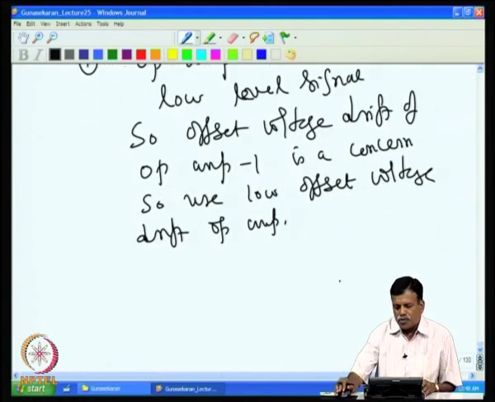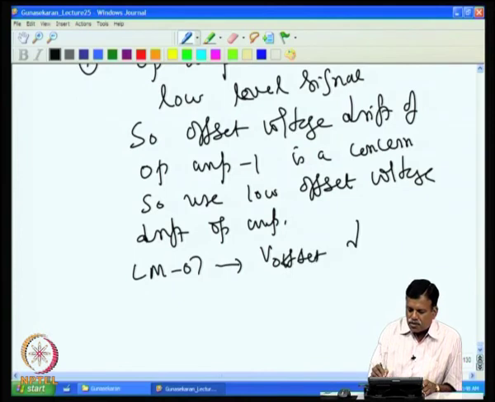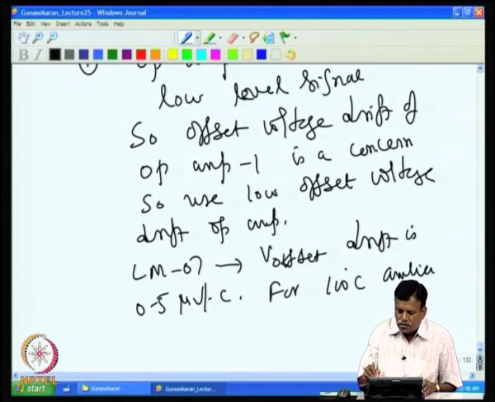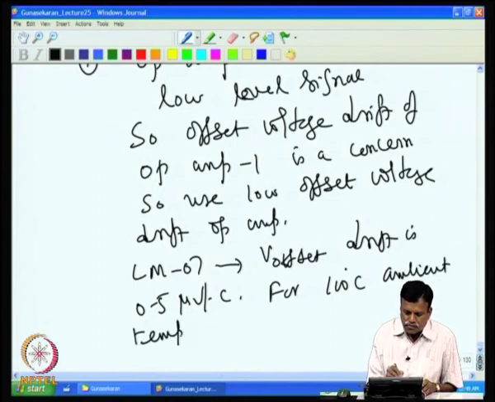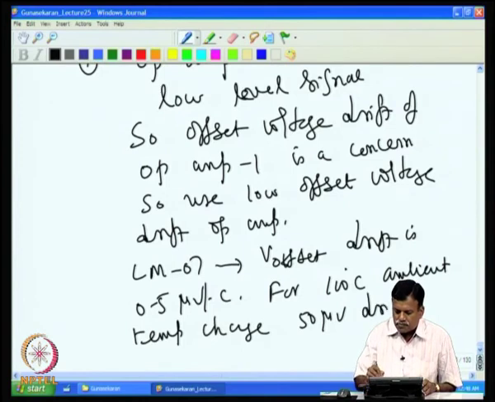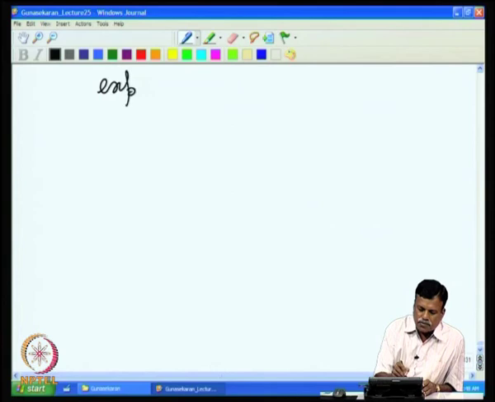For example, if I use LM07, the offset drift is 0.5 microvolt per degree C. So, that will give 50 microvolt for 100 degrees ambient temperature change. 50 microvolt drift is expected.